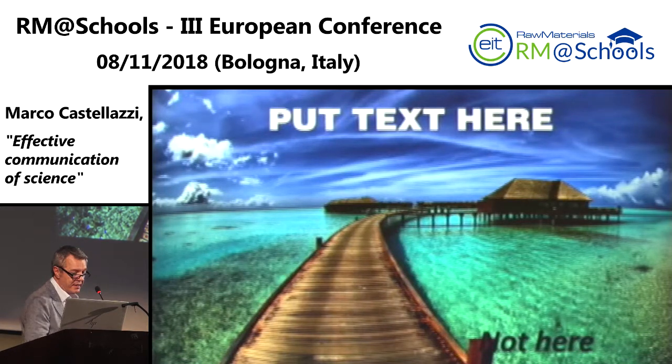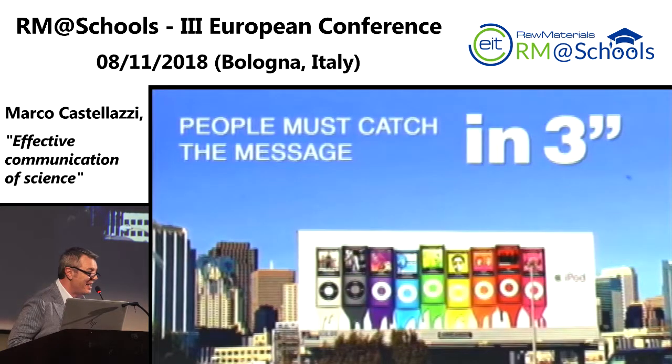Nobody will read it. And the image has to suggest the meaning in very few seconds. Here I can immediately understand that iPod is available in different colors. Then I will explain all the details, but the power of the image must be respected.